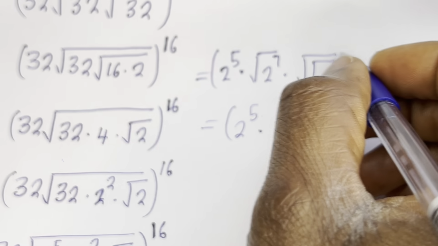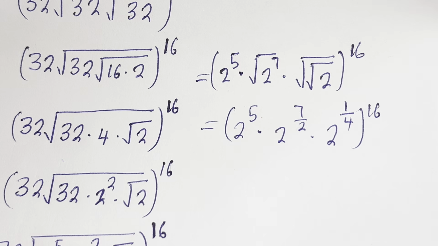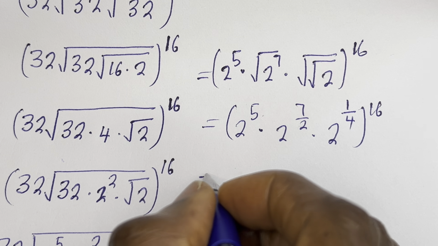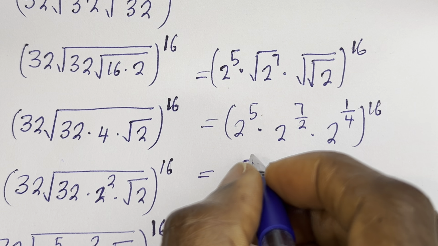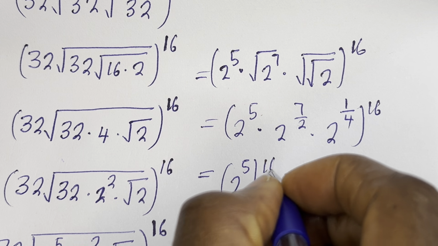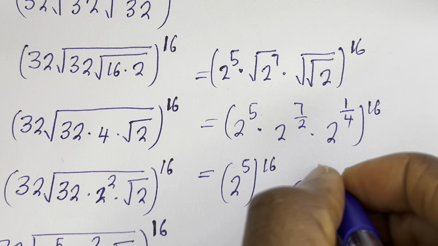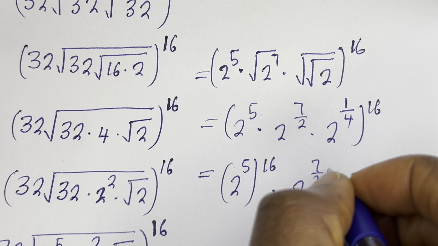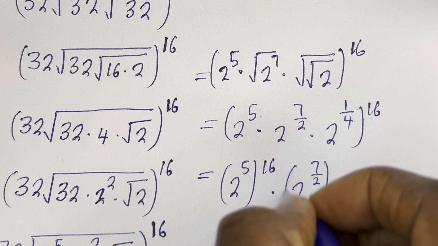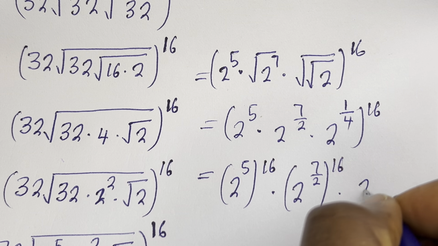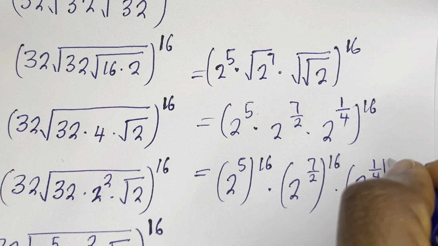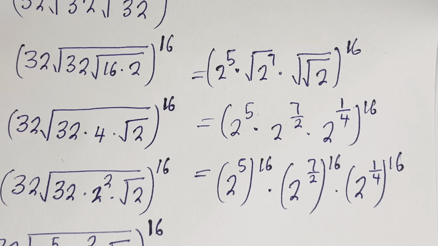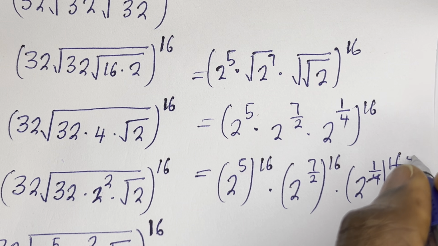And here, all to the power of 16. So here, this is equal to 2 to the power of 5 to the power of 16 multiplied by 2 to the power of 7 over 2 to the power of 16 multiplied by 2 to the power of 1 over 4 to the power of 16. Four here 1, 4 here 4.